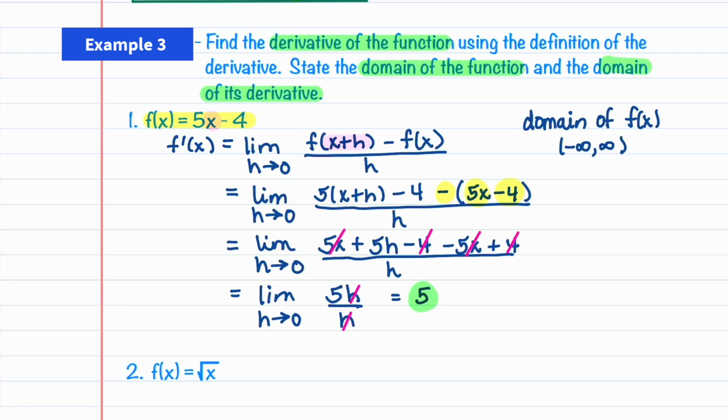That is a polynomial, and a polynomial is continuous everywhere. Now let's talk about the domain of our derivative. Our derivative is equal to a constant 5, and that is continuous everywhere. So the domain of our derivative is also minus infinity to infinity.